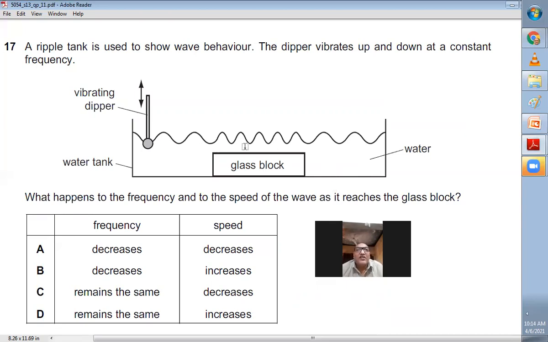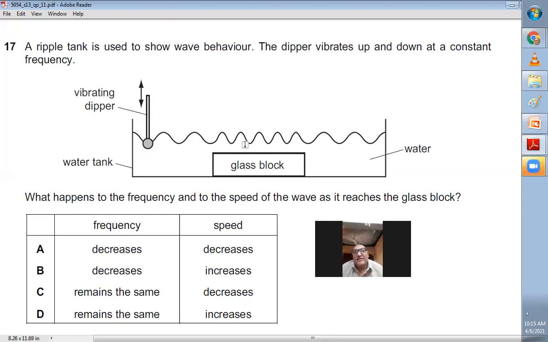So when the water waves reach the deep waters, their frequency will be the frequency of the vibrator, but their wavelength will be larger and their speed will be higher. When the water waves reach the water where the depth is less, when the water is shallow, the wavelength will decrease and their speed will also decrease.